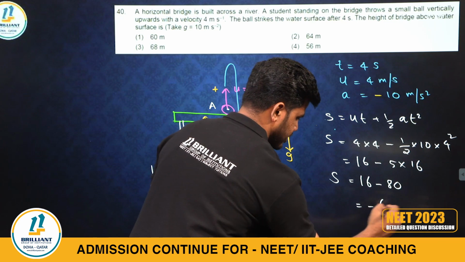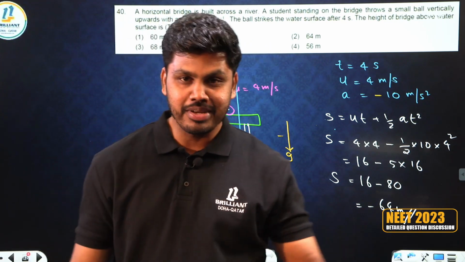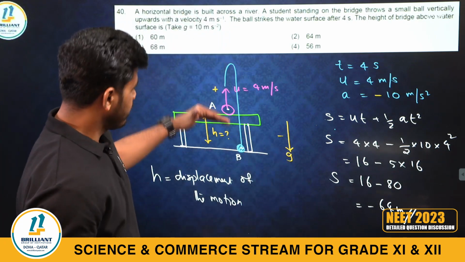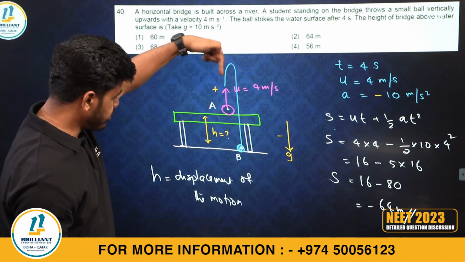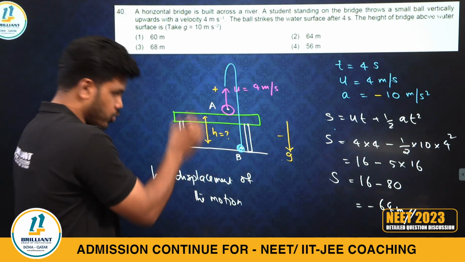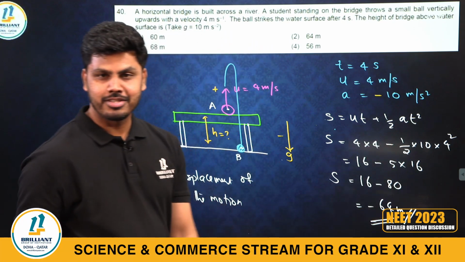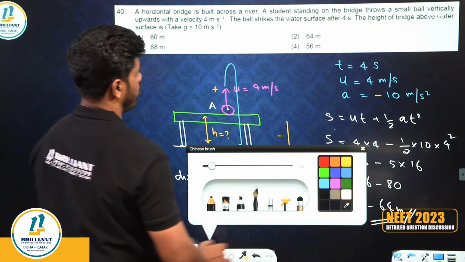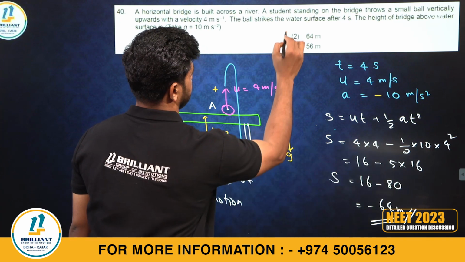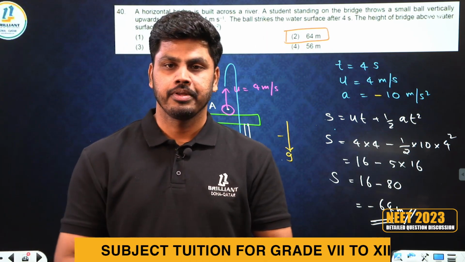So that is minus 64 meters. Look at the sign of the displacement. The sign of the displacement is negative. Why? Because if upward direction is positive, your downward direction should be negative. Not only g, your displacement is also vertically downwards, so that should be negative. Minus 64 meter, and that is option 2. You have just the magnitude of the displacement. The height is to be found out: 64 meters.